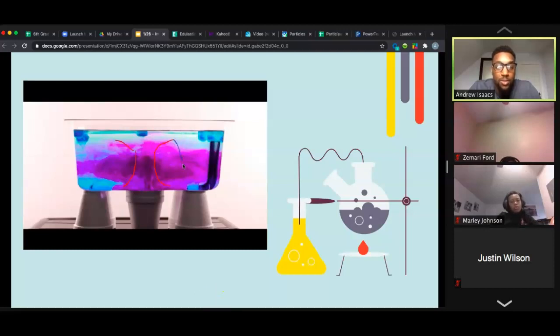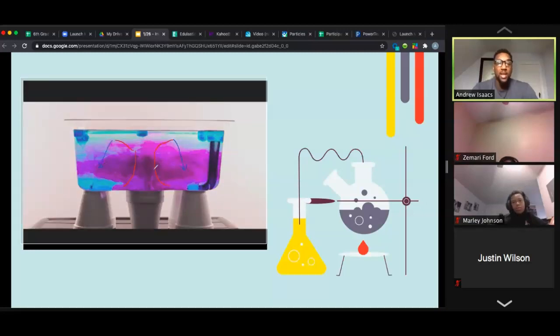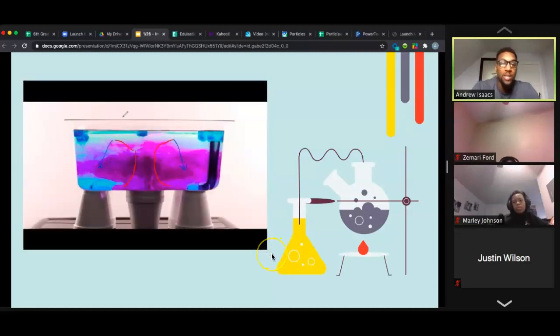The water drops, right? And once it goes back down into the warm water, the kinetic energy here warms that water back up. And then it just makes a cycle, right? It warms it up and it just goes back up.